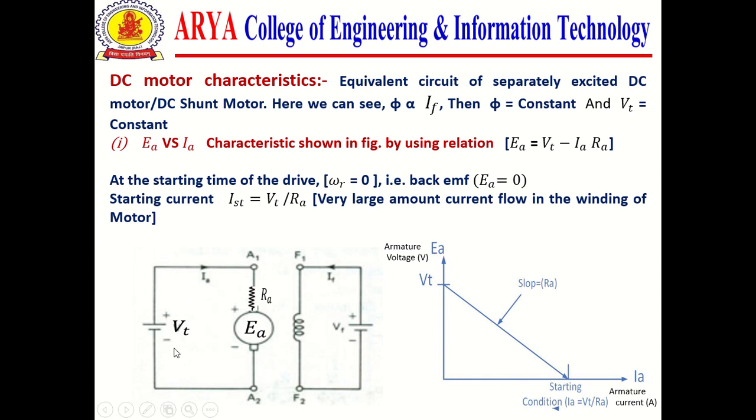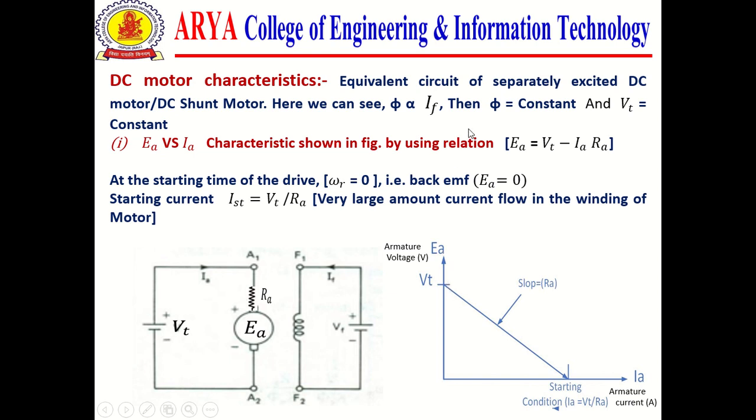From this circuit diagram you can see this relation: the armature voltage induced across the armature winding is equal to the supply terminal voltage minus the armature voltage drop. This equation comes from the application of KVL in this loop.